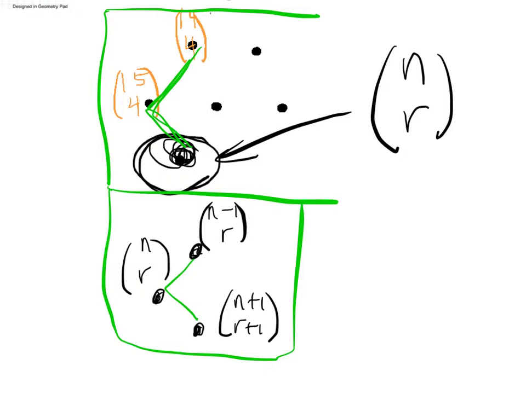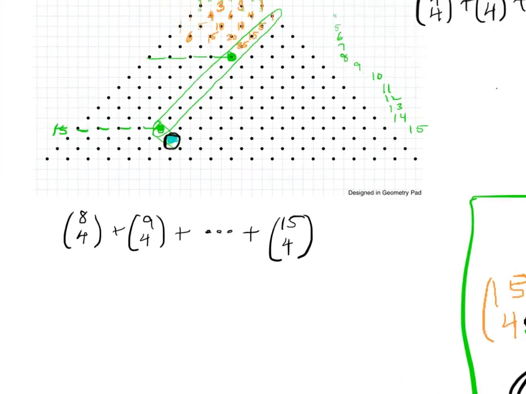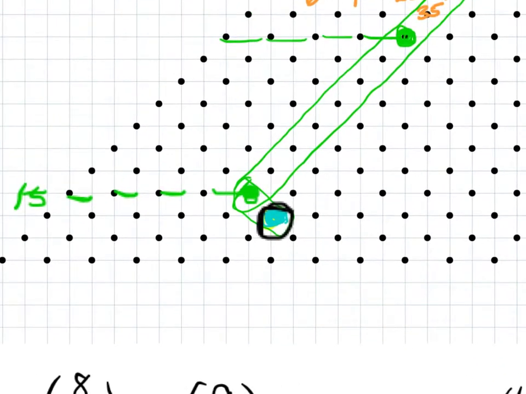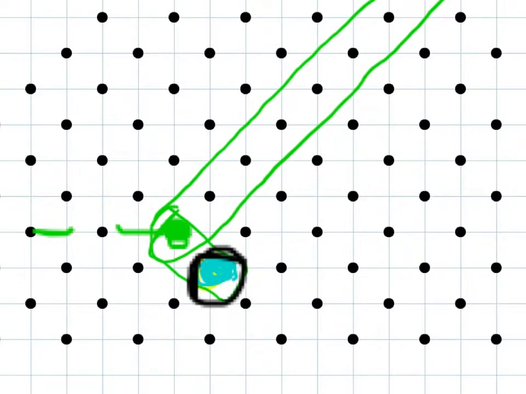It's just that I'm using N's and R's instead of 14s and 15s. So the question is, in the problem we're given, we've got to find, so I'll even write it here, this number is 14 choose 4.